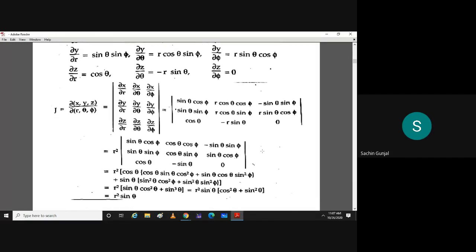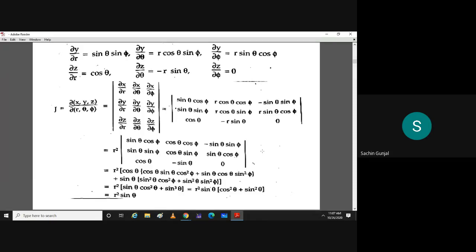So that is r square. Copied? Can we go to the next slide?